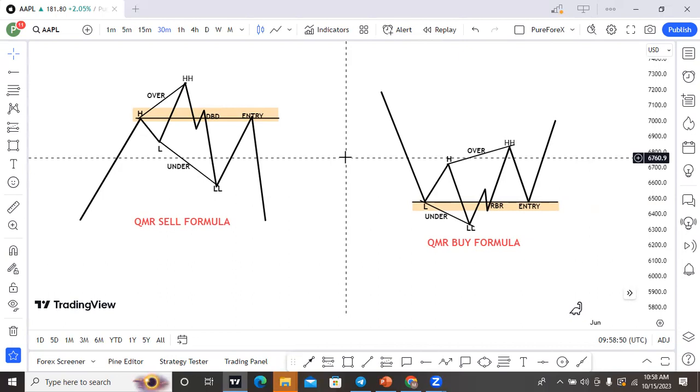When you find a Quasimodo on H1 time frame, you look for confirmation from H4 to daily time frame. Once you find confirmation, it gives you a kind of confidence for you to take that particular trade. All right. So this is the concept of identifying Quasimodo reversal, either for buy or for sell.